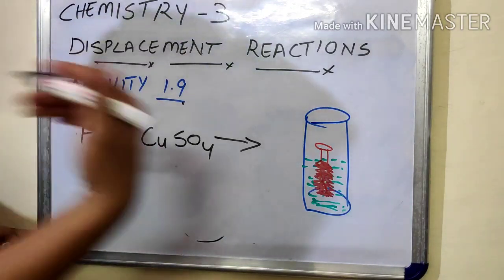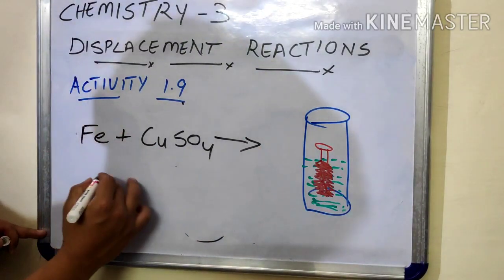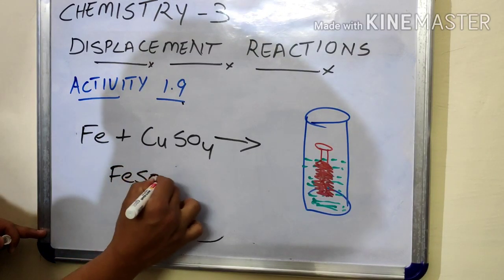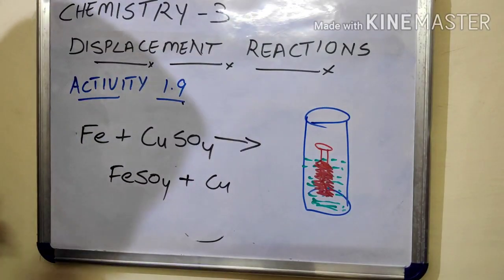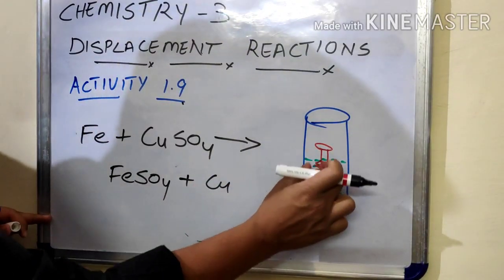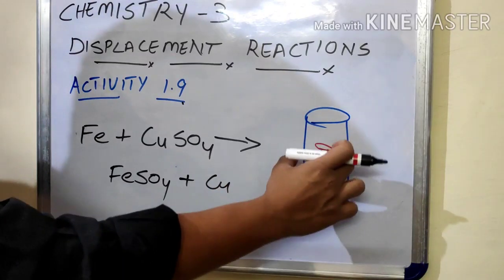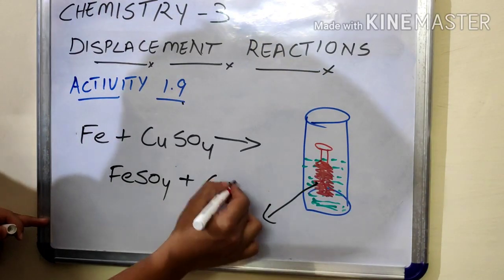So now we got iron sulfate. Formula of iron sulfate is FeSO4. And Cu as a metal removed out. So this reddish brown precipitate around the iron nail, that is your copper.